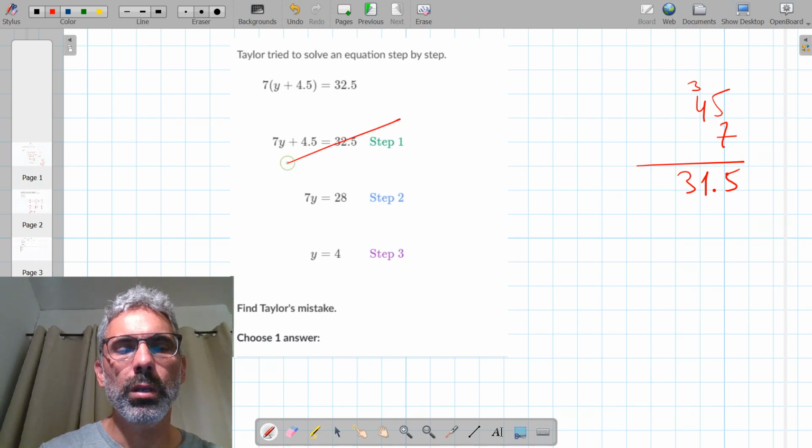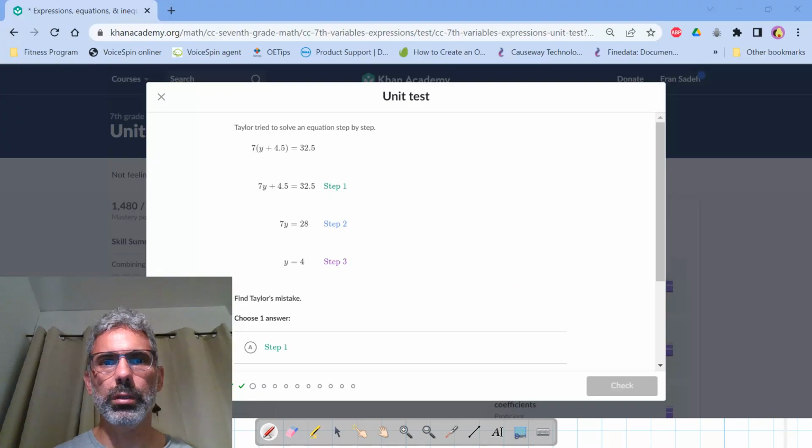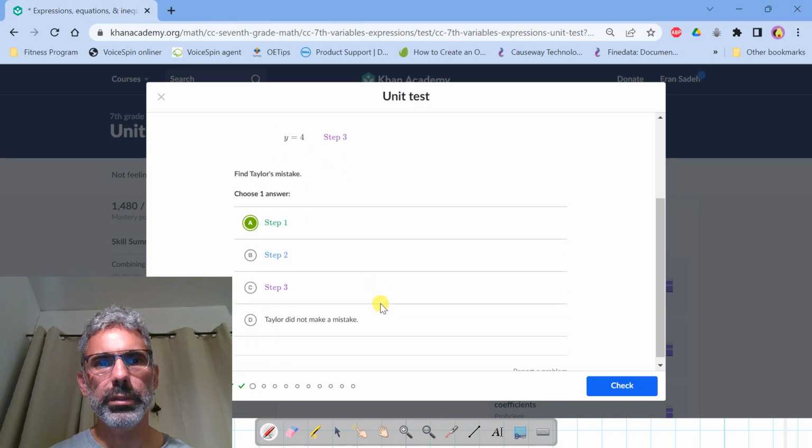So step 1 is incorrect because he didn't multiply 7 times 4.5. Step 1, he made a mistake.